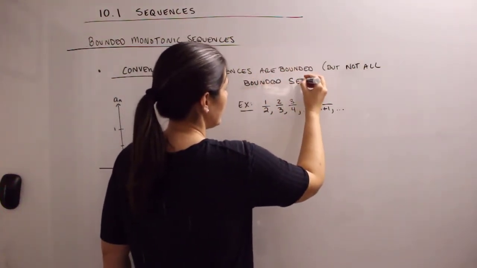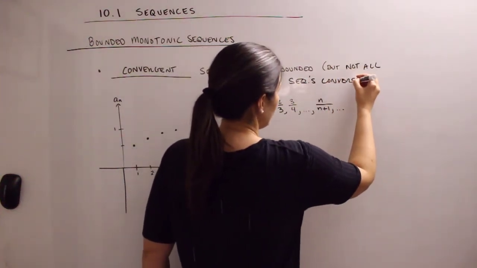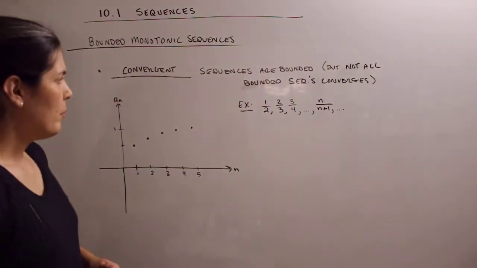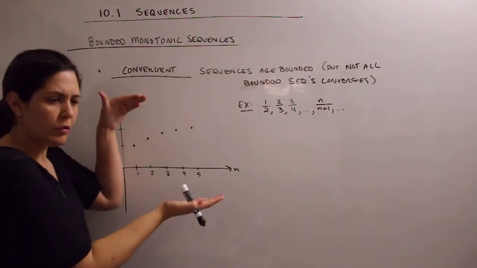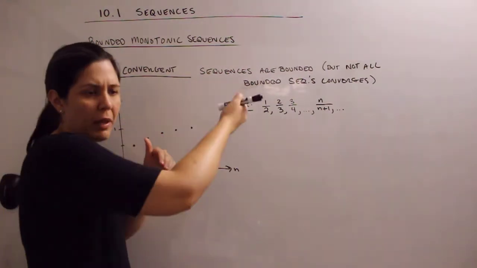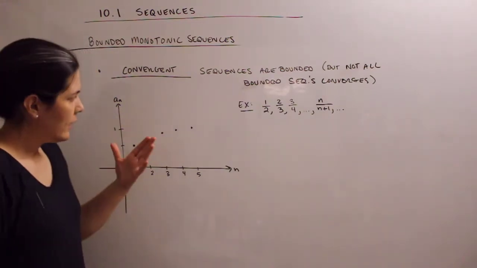This is just a little side note, because sometimes you might have bounds for your sequence, but your sequence might bounce back and forth within those bounds, so it might not converge.